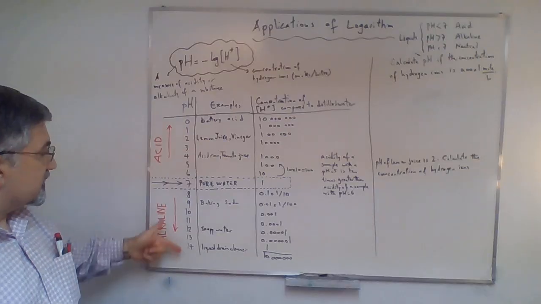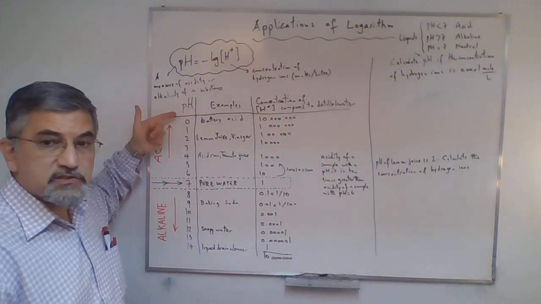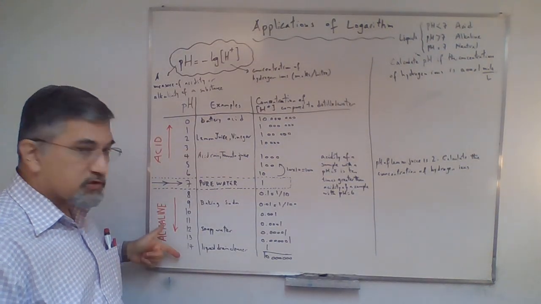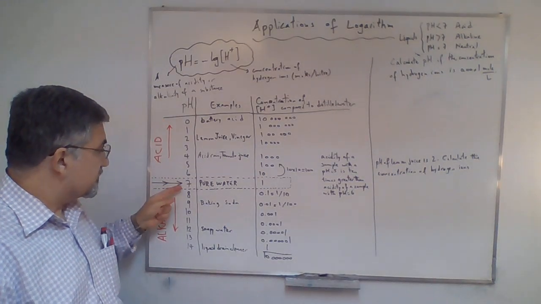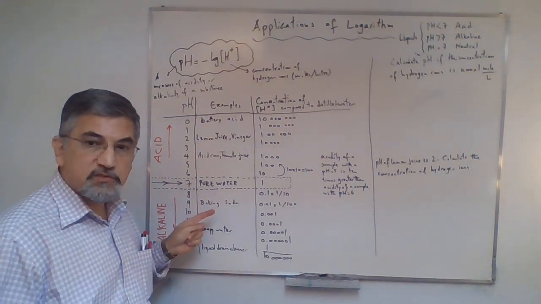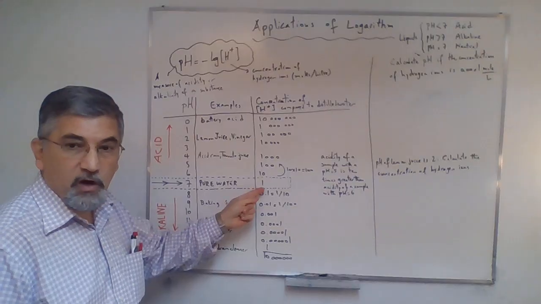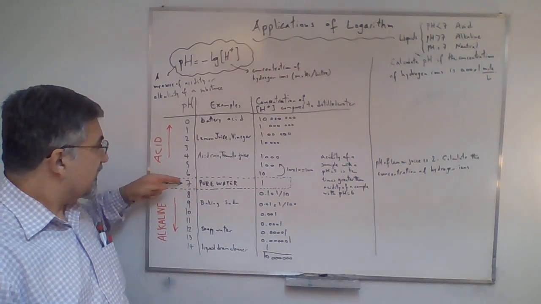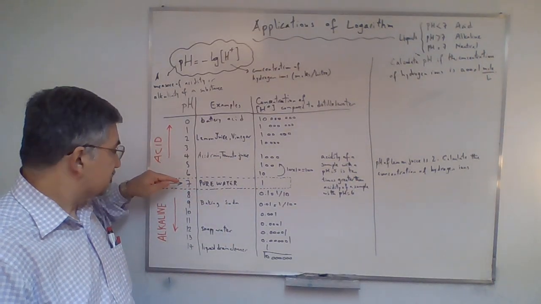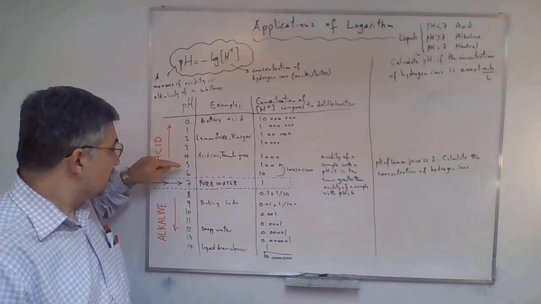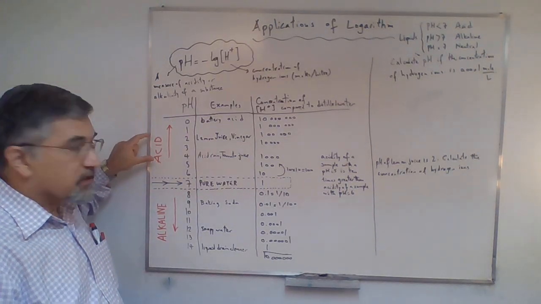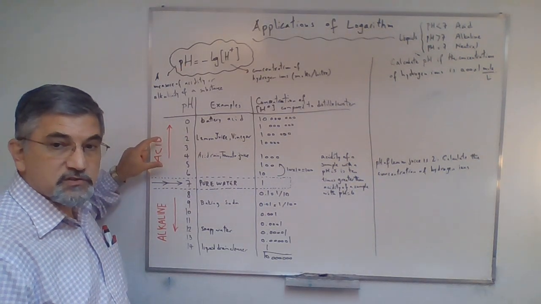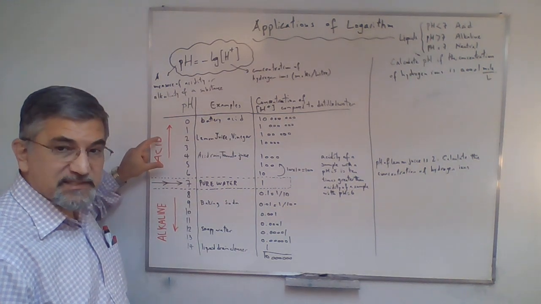So we have this scale here. The pH scale starts from 0. It goes all the way to 14. And the pH of pure water or distilled water is actually 7. If you have a pH number that is less than 7, such as 6, 5, 4, 3, 2, 1, 0, then the substance is considered as an acid.